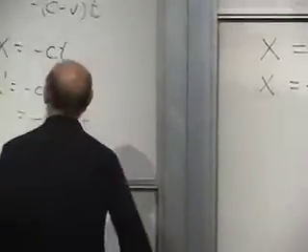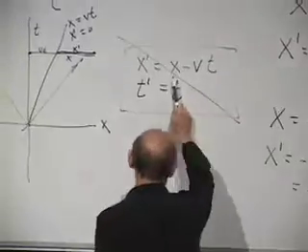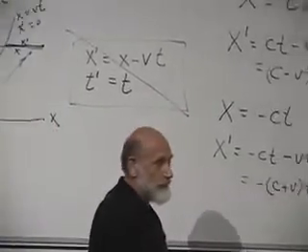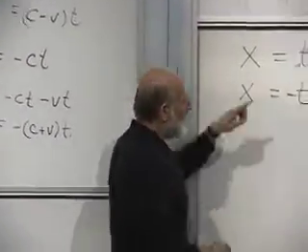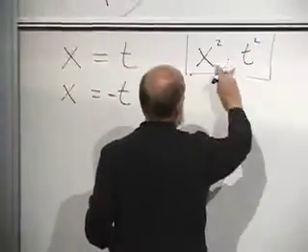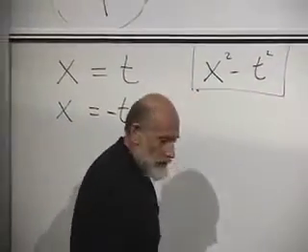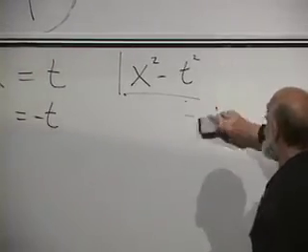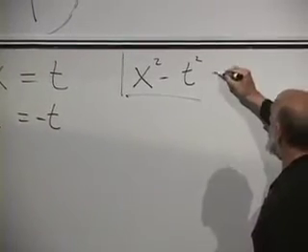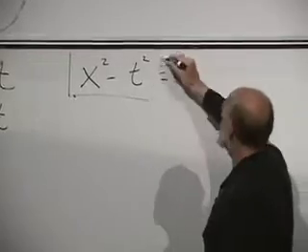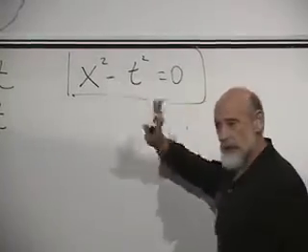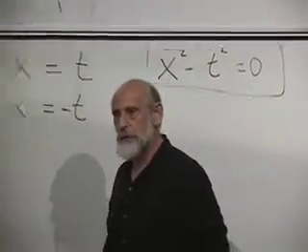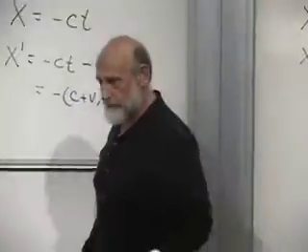Supposing we found a replacement for this equation which had the following interesting property. Let's write it this way: x squared minus t squared equals 0. This is even better for our purposes. x squared minus t squared equals 0. That's the necessary and sufficient condition to describe the motion of a light ray.